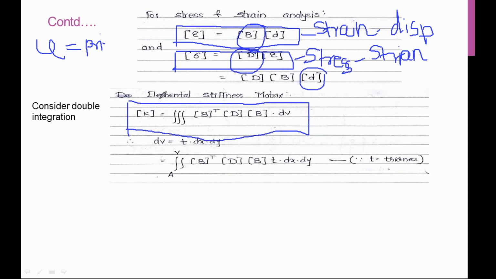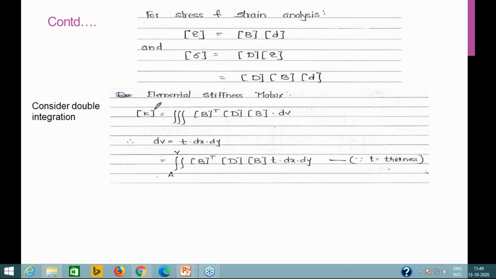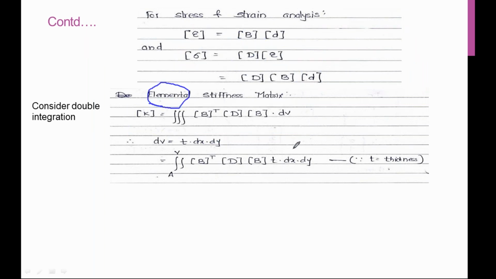Now this one is the elemental stiffness matrix. Just let me erase all the drawing. Suppose only one element is to be considered, having four nodes. So the stiffness matrix for the isoparametric element is equal to the triple integration of B transpose matrix into D matrix into B matrix.